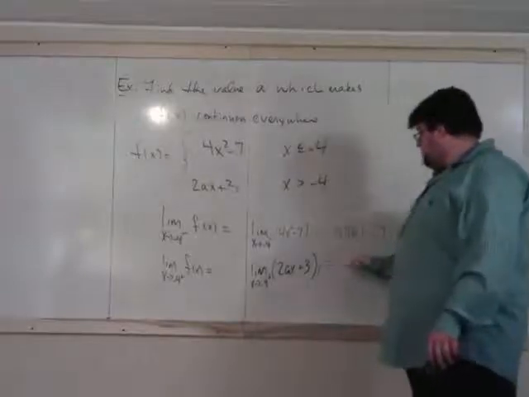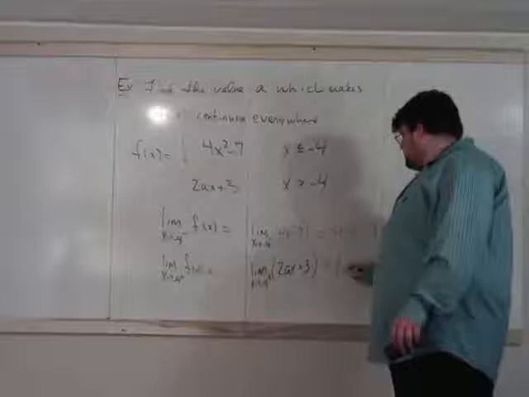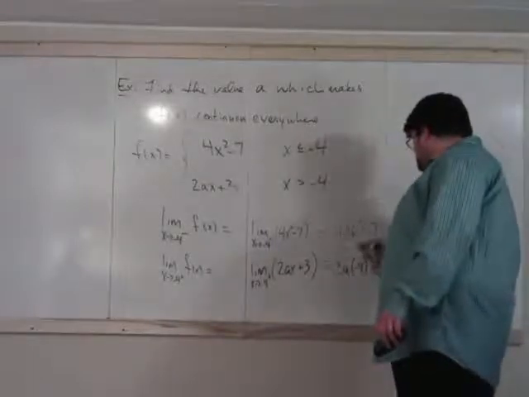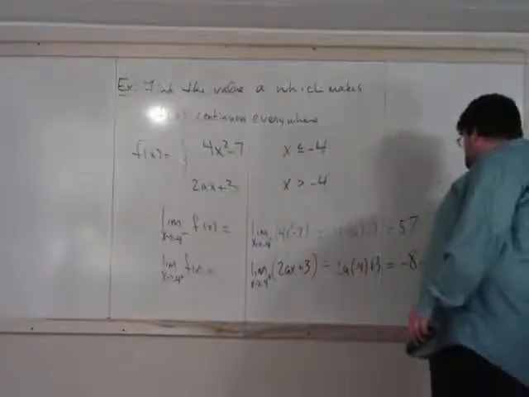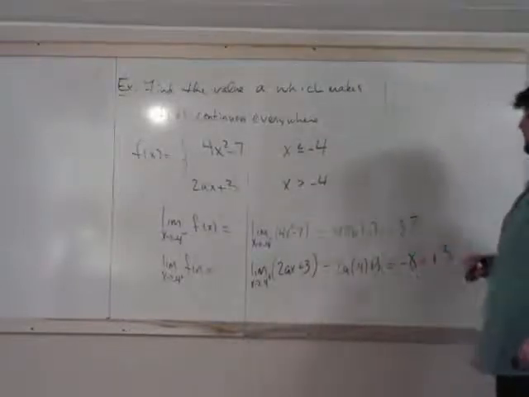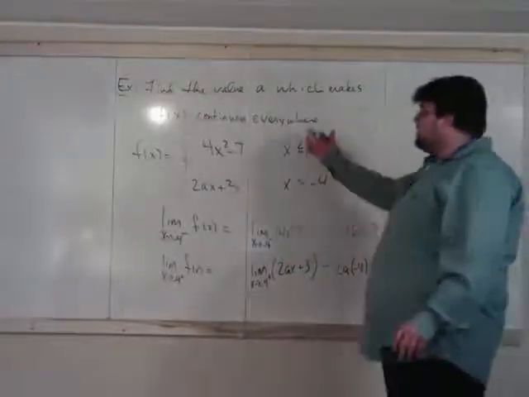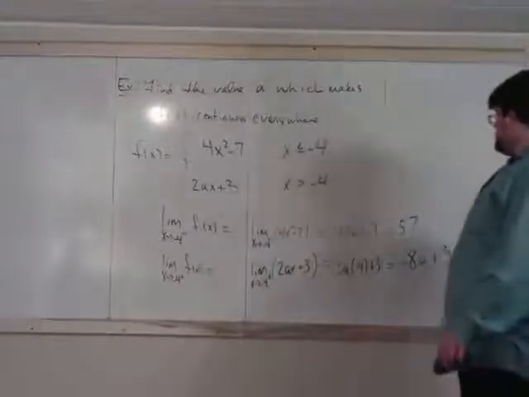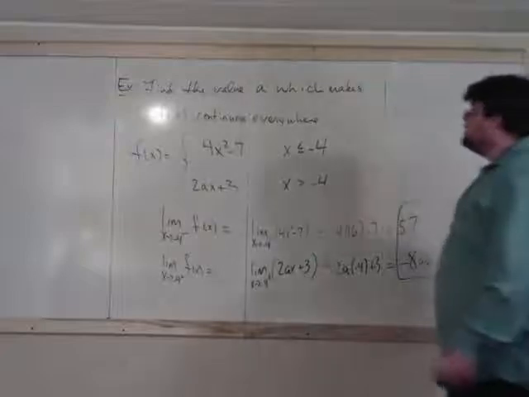Now, we can substitute negative 4 in. Let x equal negative 4, and you get negative 8a plus 3. What we want to do is force the limit on the left to be the same as the limit on the right. So let's force these to be equal.